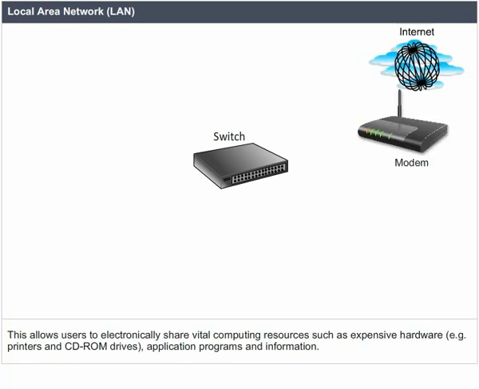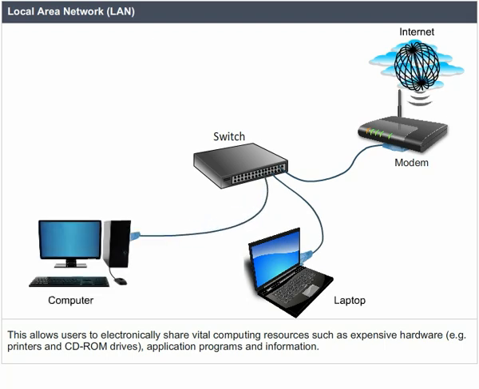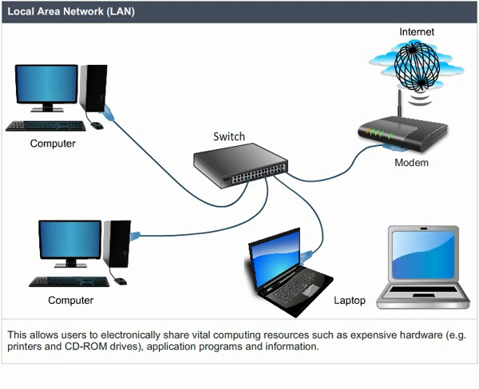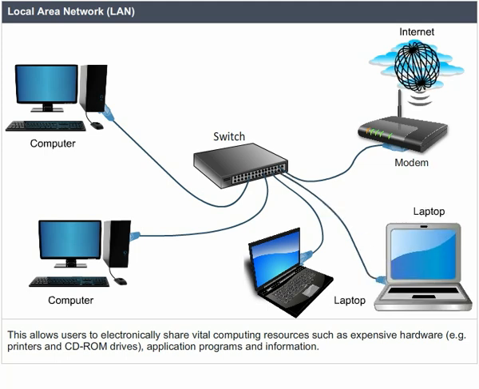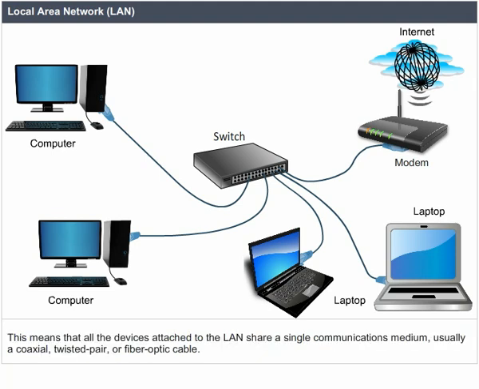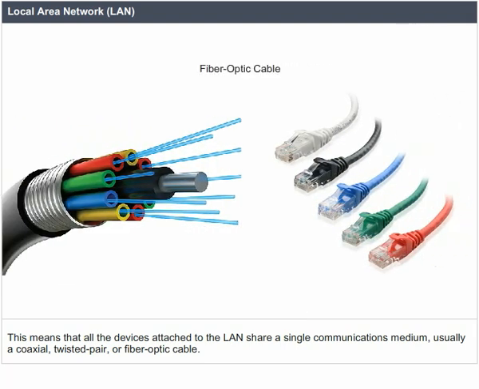This allows users to electronically share vital computing resources such as expensive hardware, for example printers and CD-ROM drives, application programs, and information. Local area networks implement shared access technology. This means that all the devices attached to the LAN share a single communications medium, usually a coaxial, twisted pair, or fiber optic cable.